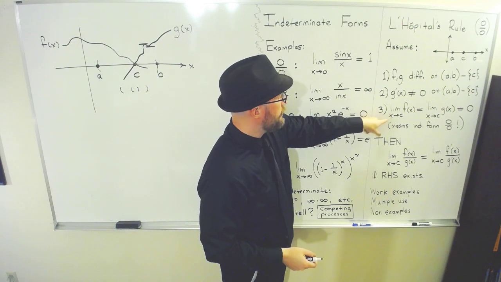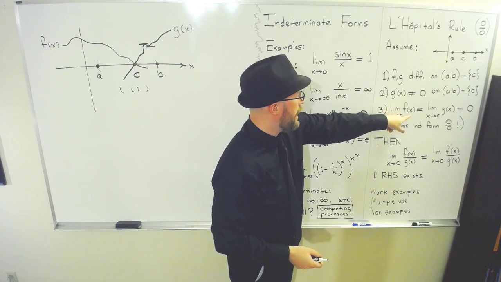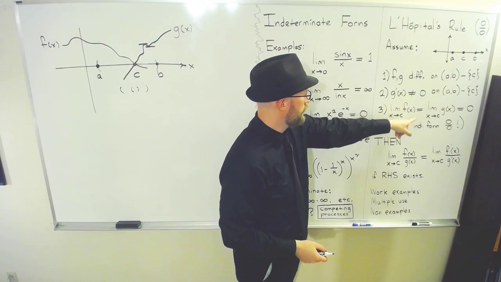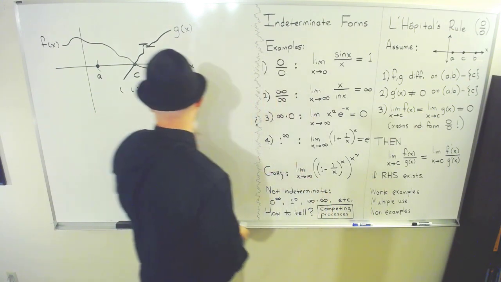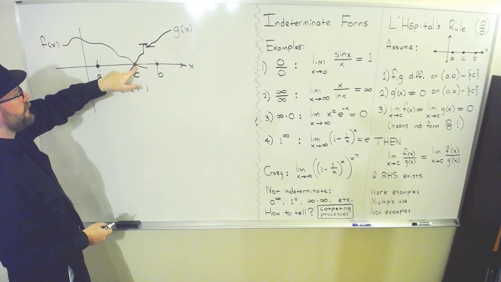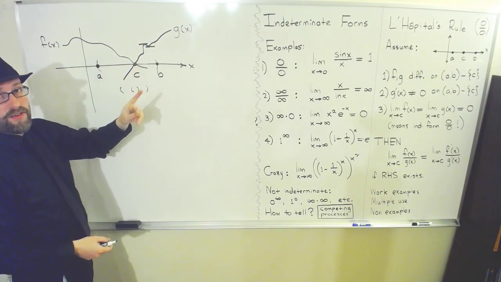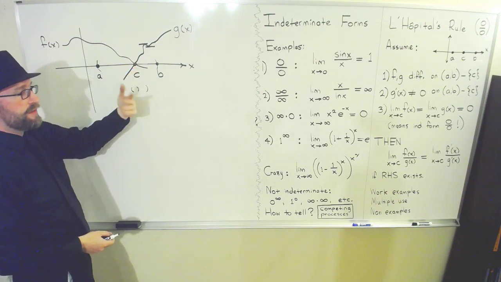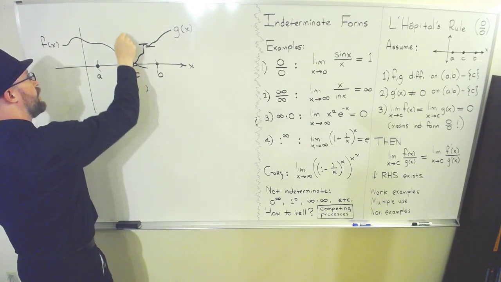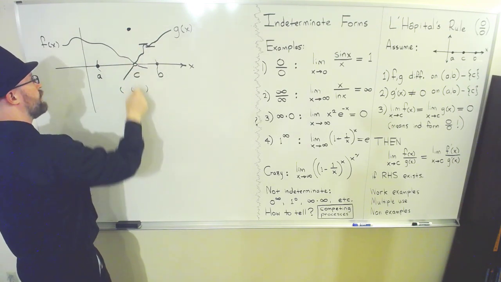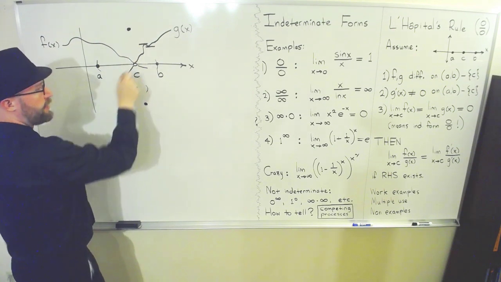And then the limits of the individual functions f and g are both 0 as you're approaching C. And so that's why I've drawn these crossing at 0 here. Now it doesn't say the function values are 0, it just says the limits are 0. So I could have, for instance, a hole here, and then I could have an f of 0 here and a g of 0 down here or something.